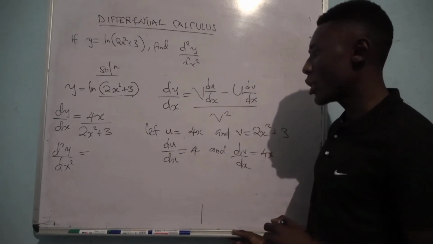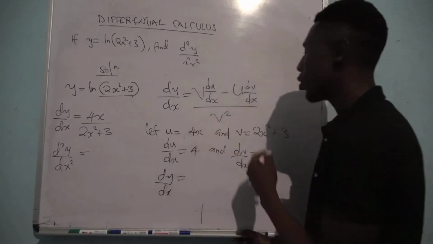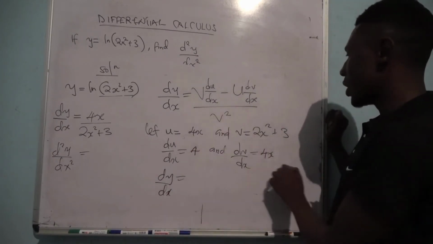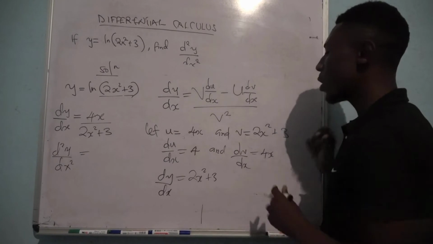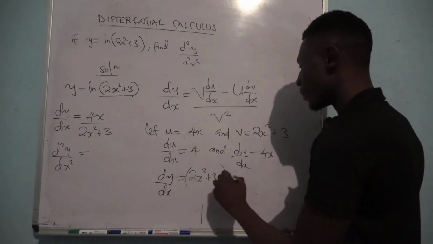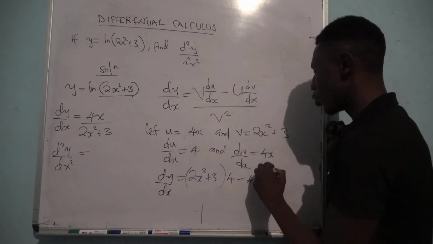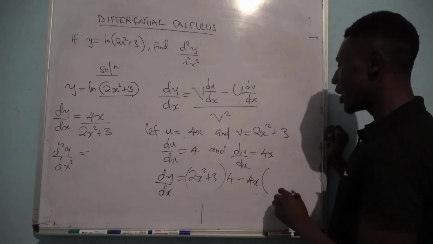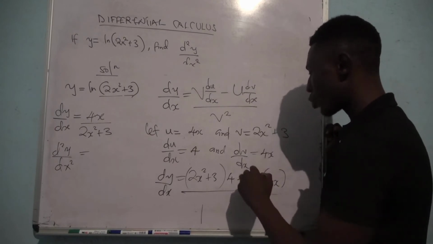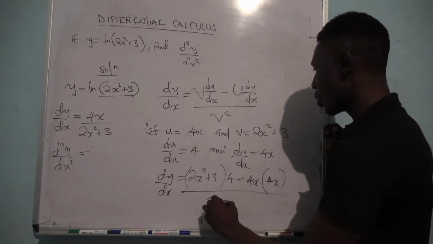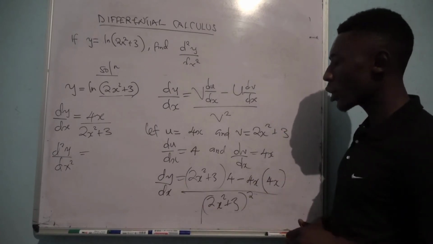So dy dx, from what we have here, we multiply the function v, which is 2x squared plus 3, by the derivative of u, which is 4. Then minus the function u, which is 4x, multiplied by the derivative of v, which is 4x also. Then we divide throughout by v squared, which is 2x squared plus 3, all squared.